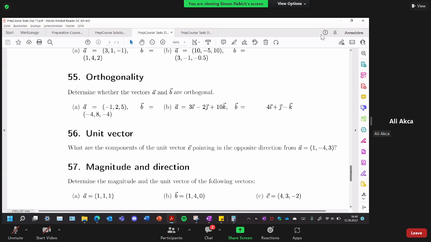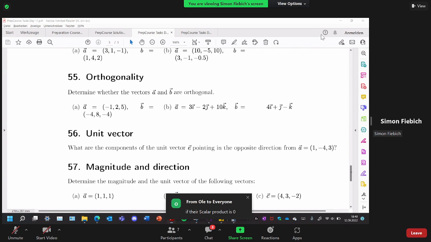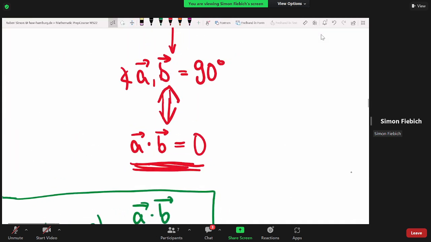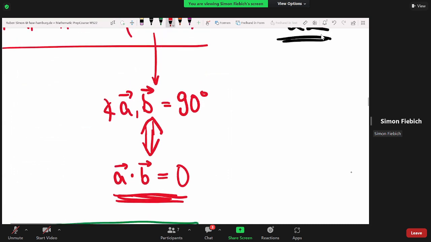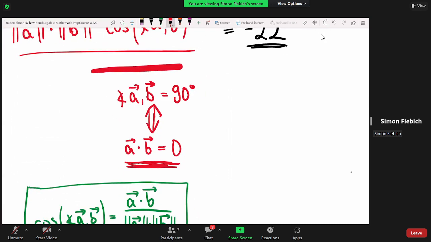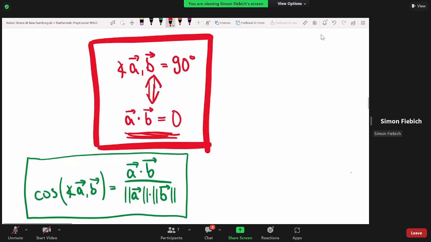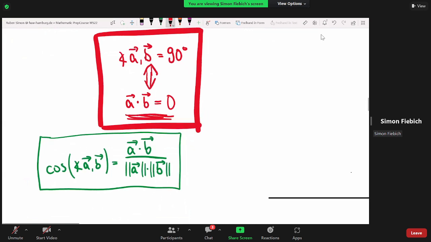So the scalar product is 0, correct? Yes, scalar product, correct. I think it's directly above. So we have to make sure that the scalar product of the two vectors is equal to 0. This is completely sufficient to say that the two vectors are intersecting at a right angle.